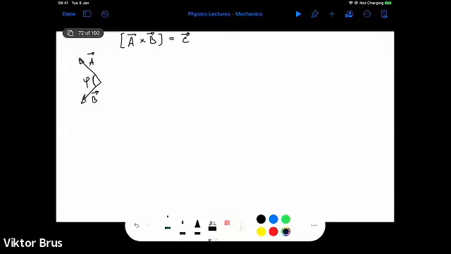And this vector, its absolute value will be equal to A times B times sine phi. So it will be the area, actually, of this parallelogram formed by vectors A and B, like this area.